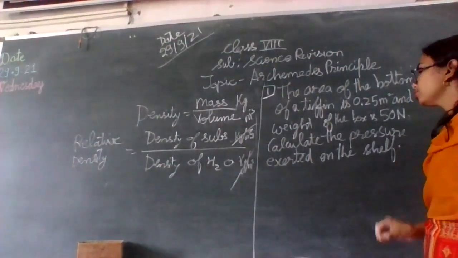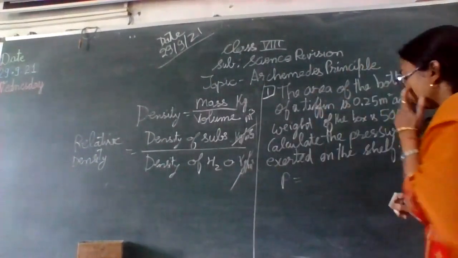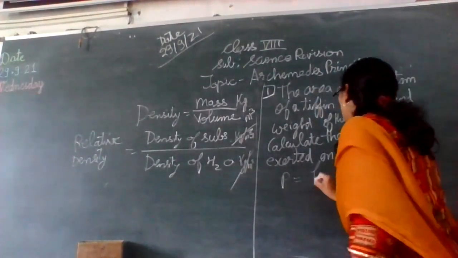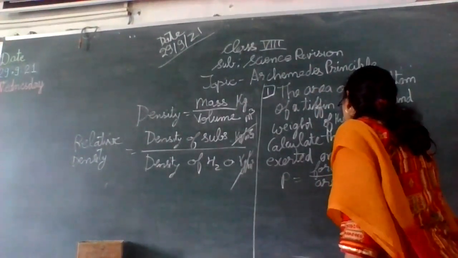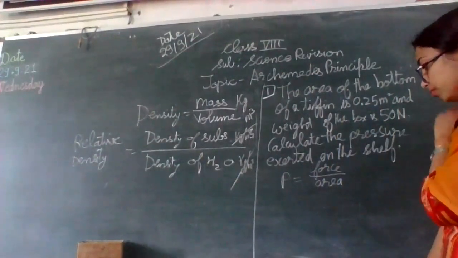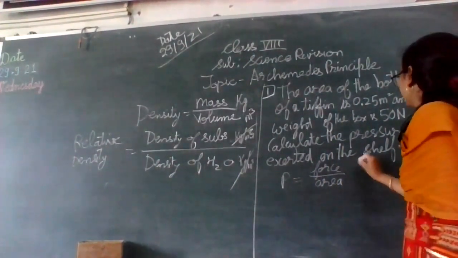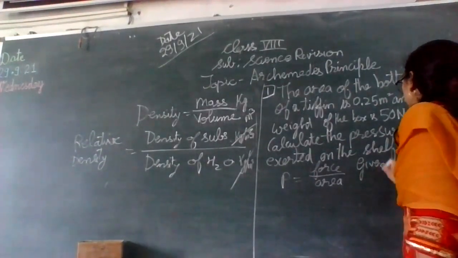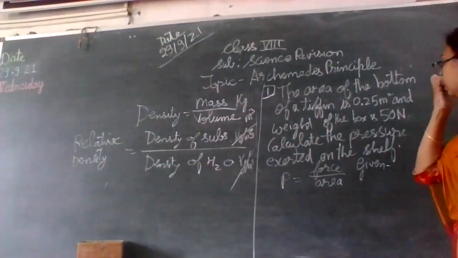So we all have studied that pressure is equal to force upon area. This formula we have studied when we revised pressure also. In that case, you can see what all things are given. First, you have to make a list of all the given things. What is given?